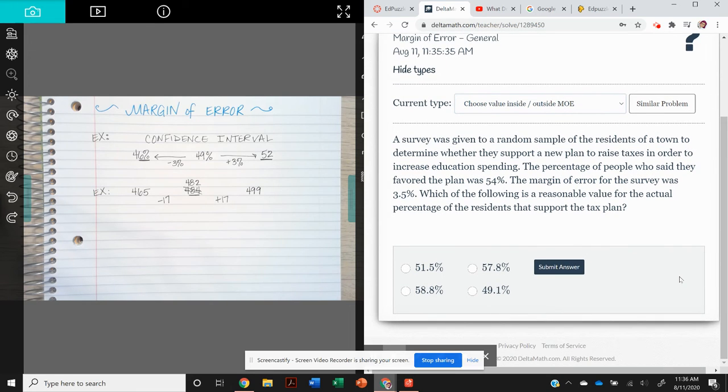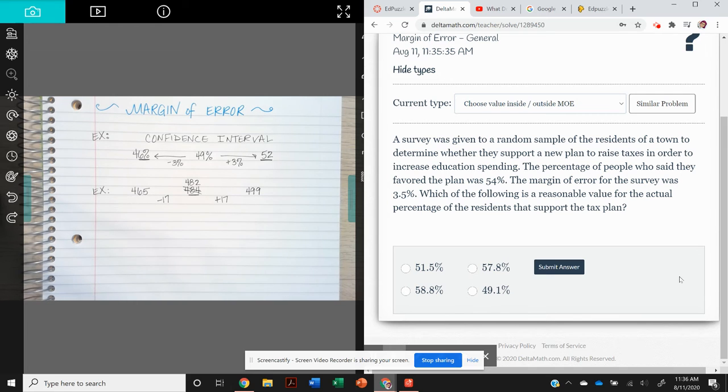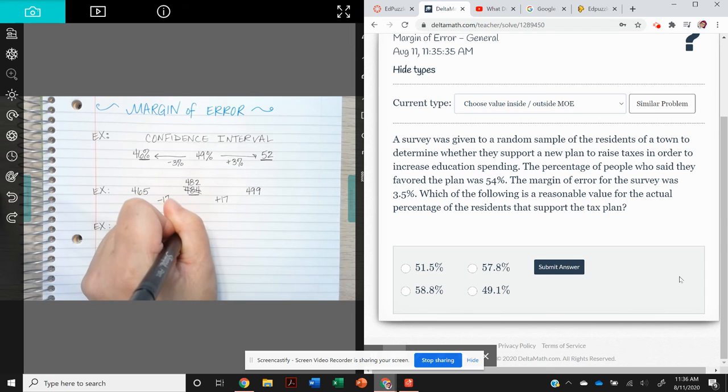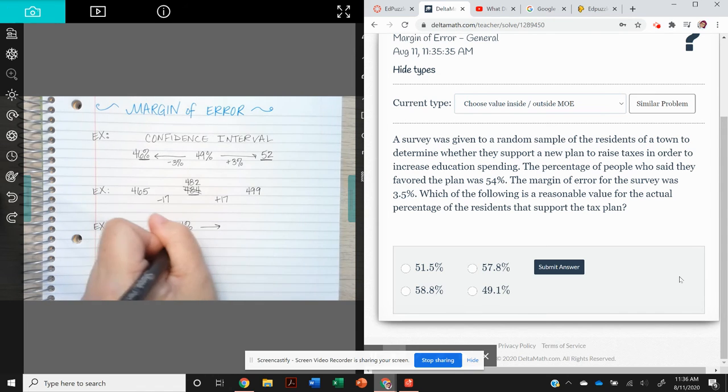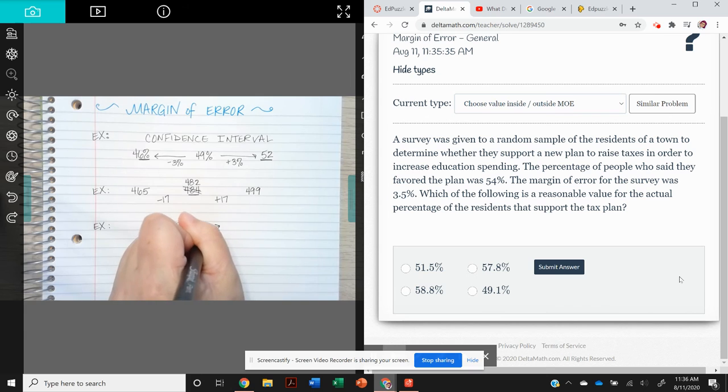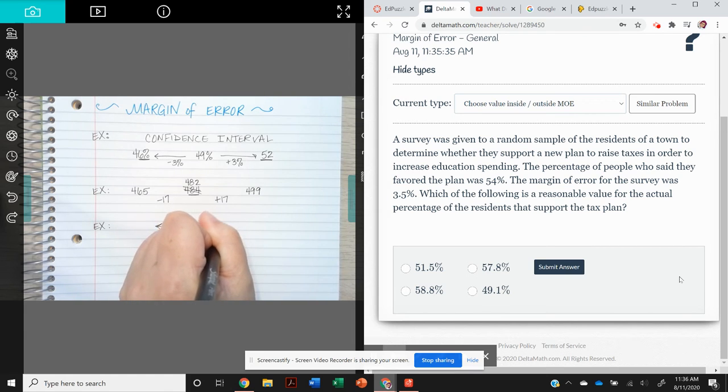All right, well, let's look at my confidence interval, since we don't have that piece of information yet. So 54% is in the middle, and my margin of error was 3.5%. So I'm going to subtract 3.5%, and I'm going to add 3.5%.